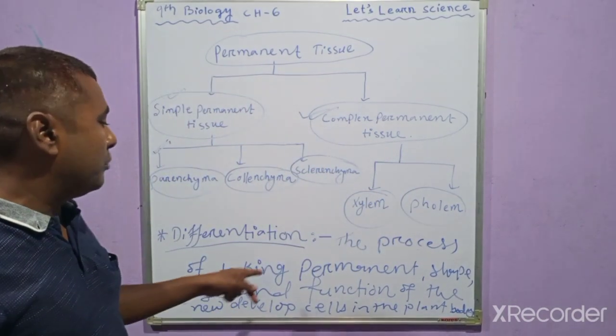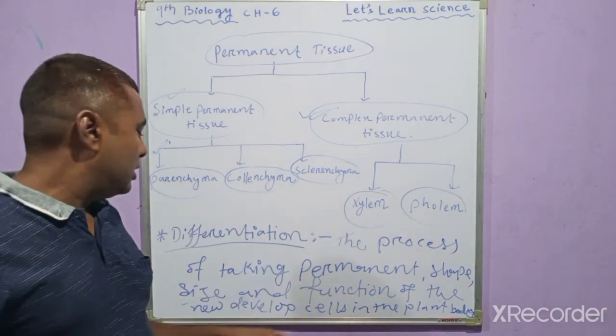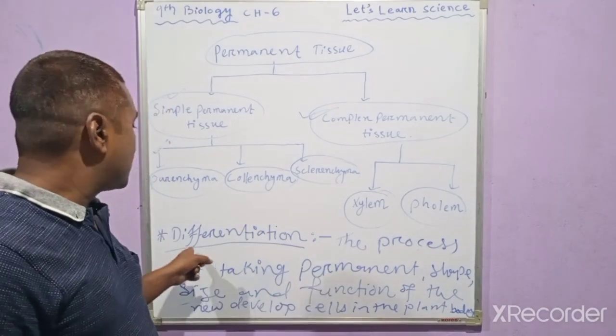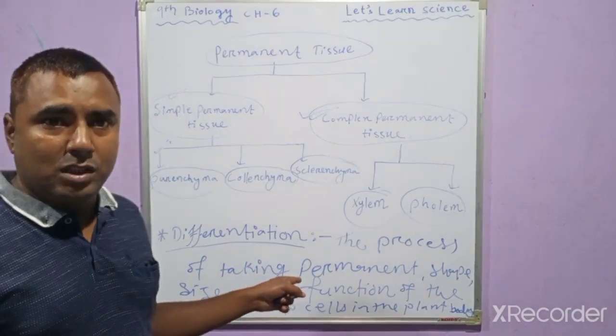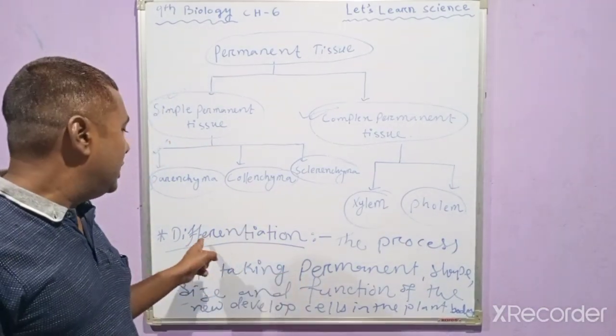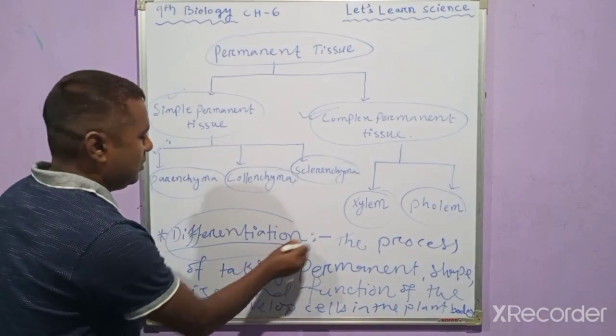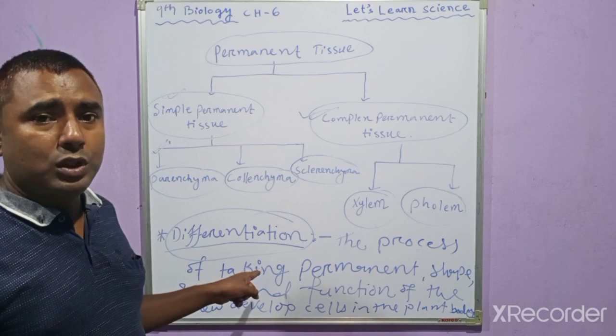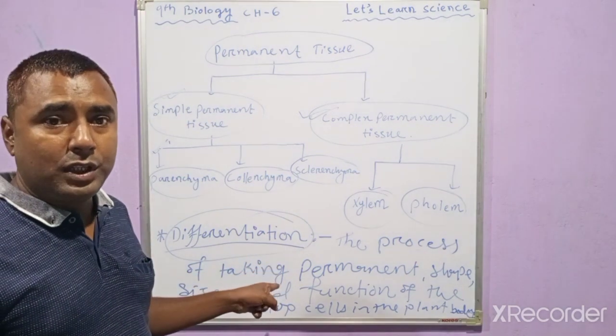The process of taking permanent shape, size, and function by the newly developed cells in the plant body is called what? Differentiation. And permanent tissue is formed by this process of differentiation.